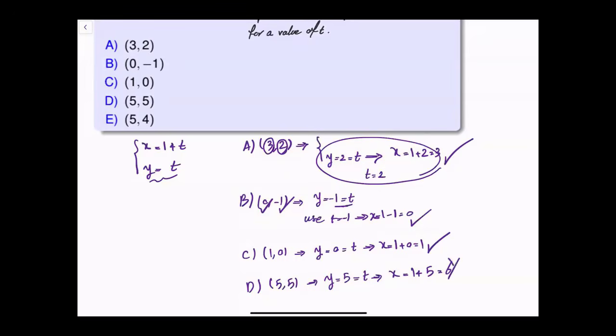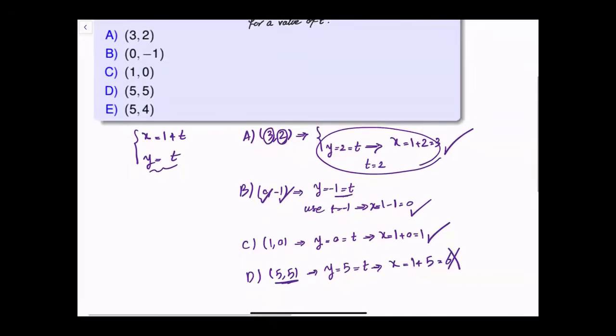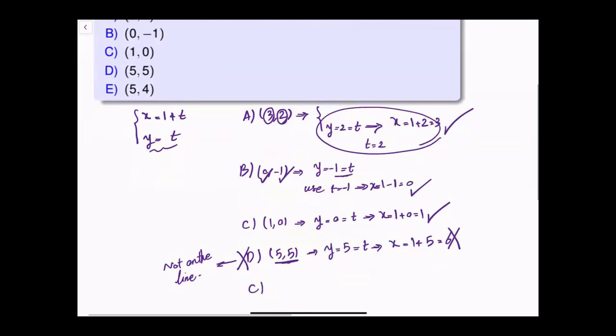So that means 5, 5 does not satisfy the equation, so this is the point not on the line. The other one, you can check: y is equal to 4, that means t is 4, so x is 1 plus 4, which is 5, and that is correct.